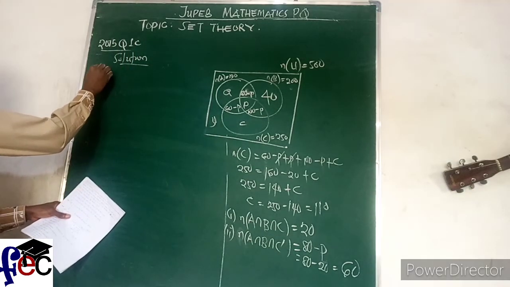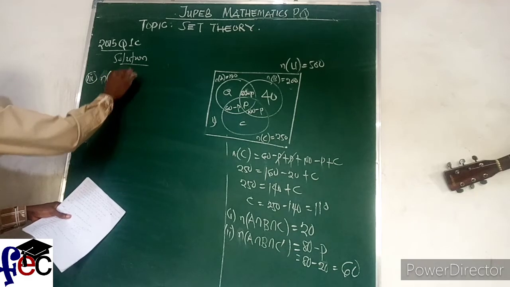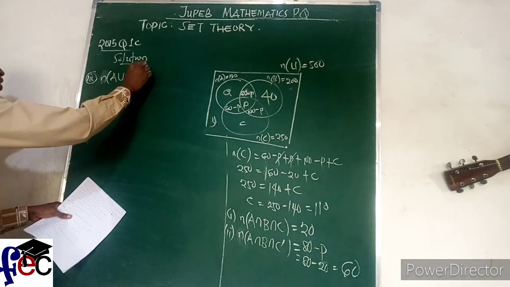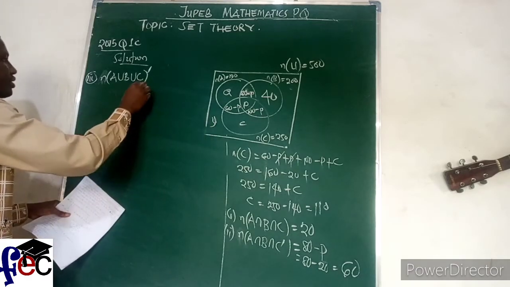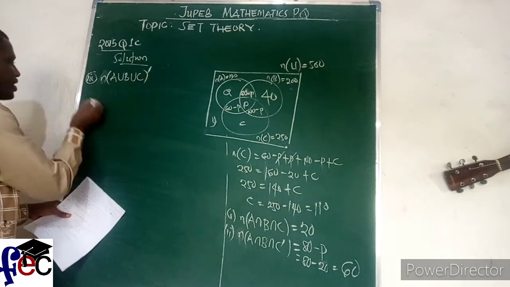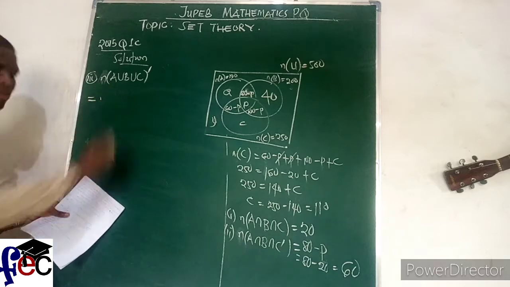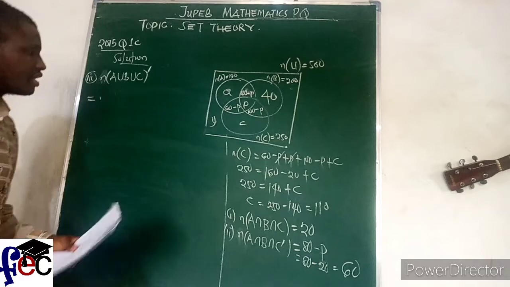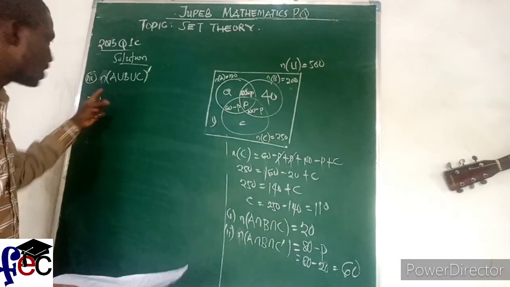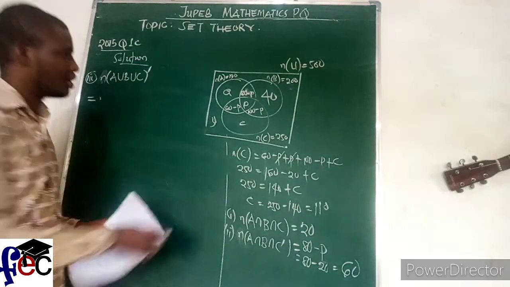So cardinality of A union B union C complement, which we represent as Y. What's it going to be? Let me put it this way so that you will understand. That's what I want to get. Since I'm answering it directly, I wanted to illustrate it bit by bit before, but let me answer it directly. I want you to see what I want to write here now so that it's clear.